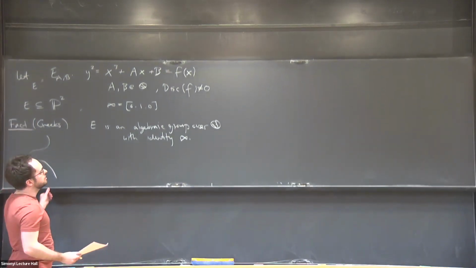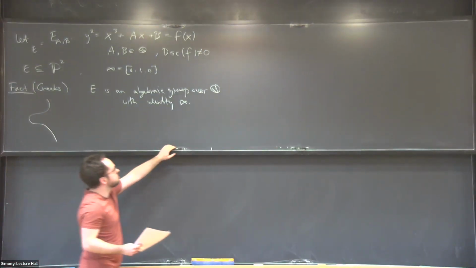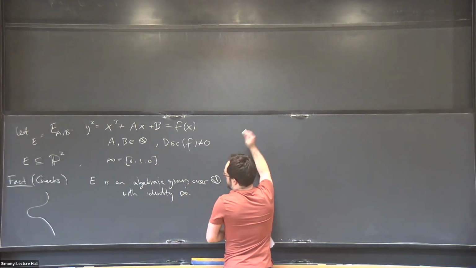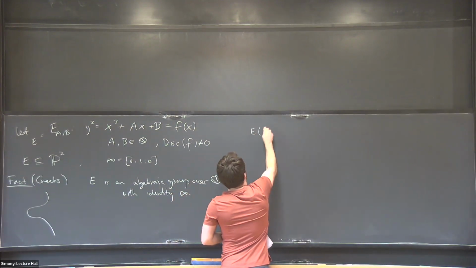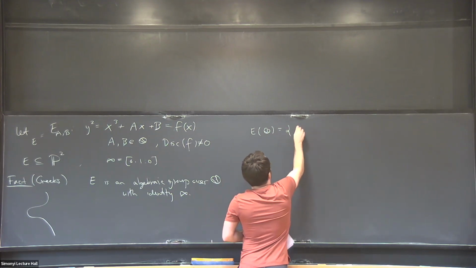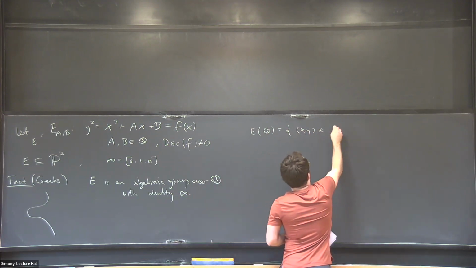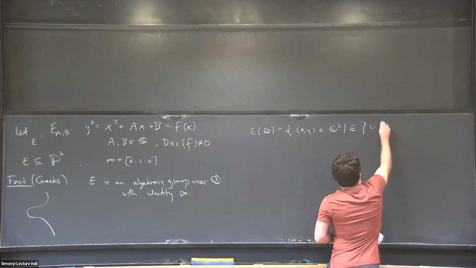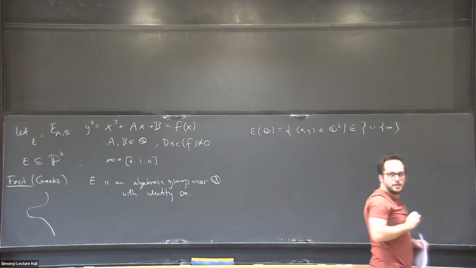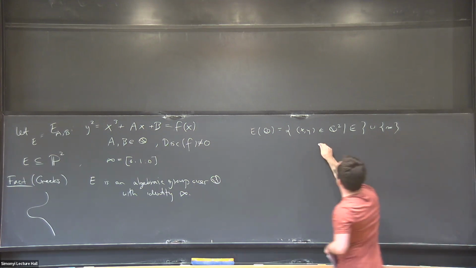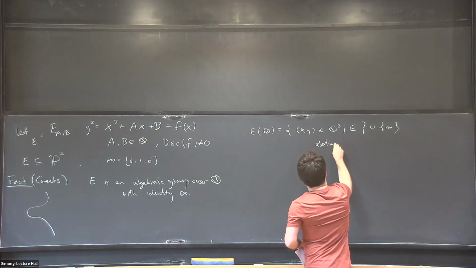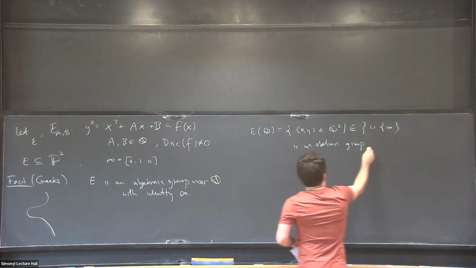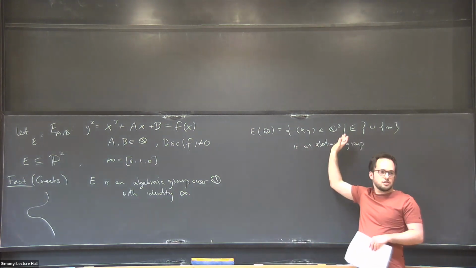And so the consequence is that the set of rational points forms an abelian group with identity element infinity. But it's really a stronger statement than just this.